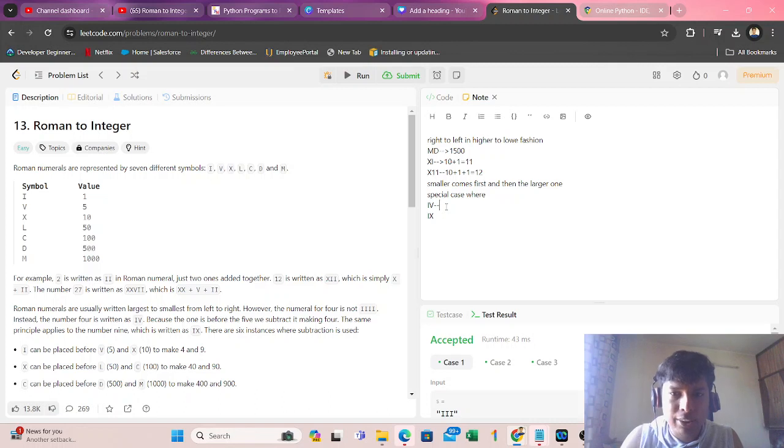In this case, you subtract. I becomes negative, so it is minus 1 plus 5, and that gives you 4. Minus 1 plus 10 is equal to 9. Basically, you are only adding, but you take the smaller one which comes before the larger one as a negative number. So this is the special case where you have to subtract.